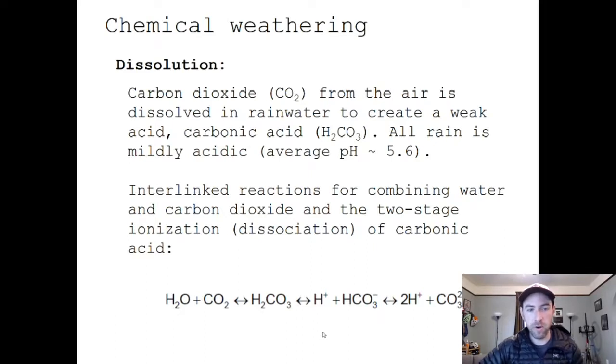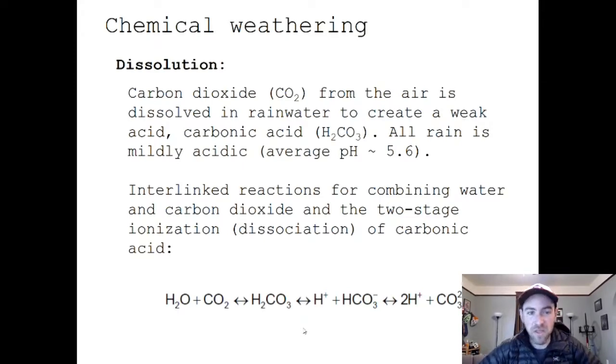H plus is very effective. That's what an acid is, a hydronium ion, and that's what is very effective at dissolving rock, both carbonate rock and silicate rocks as well.